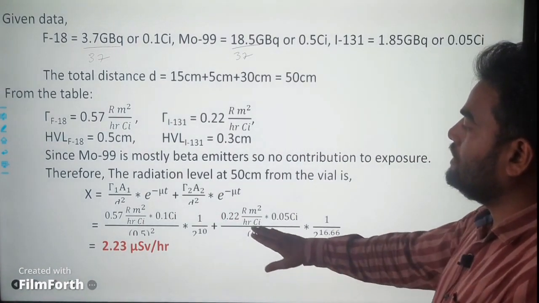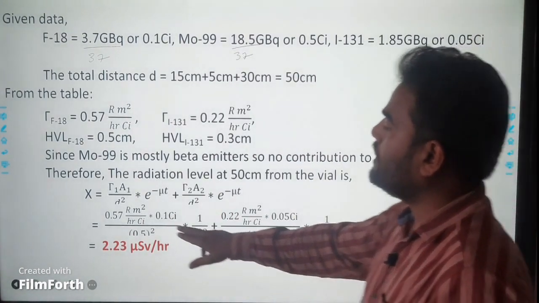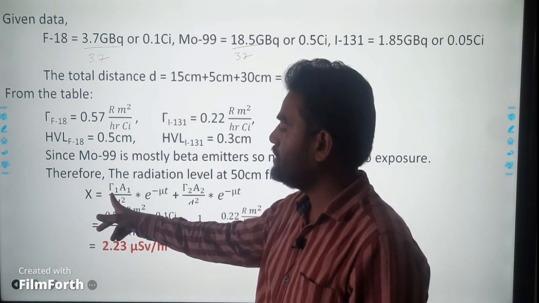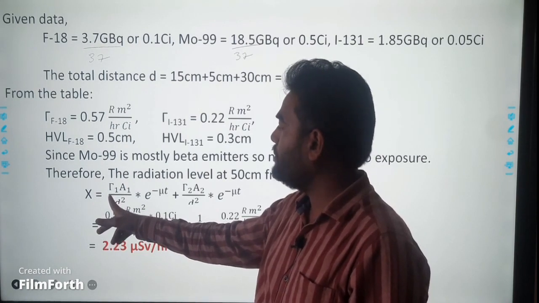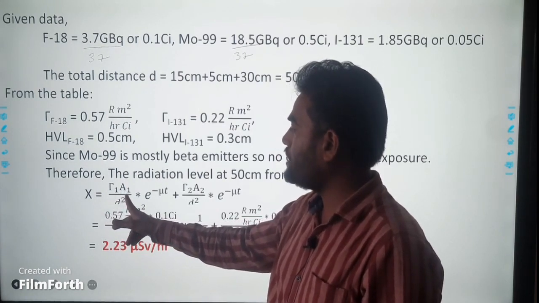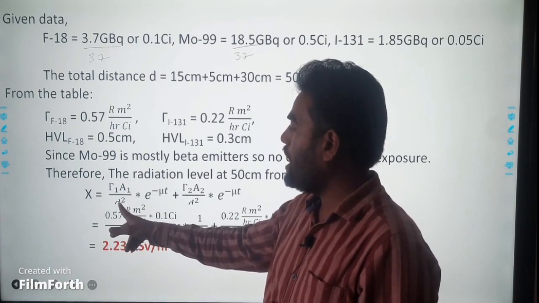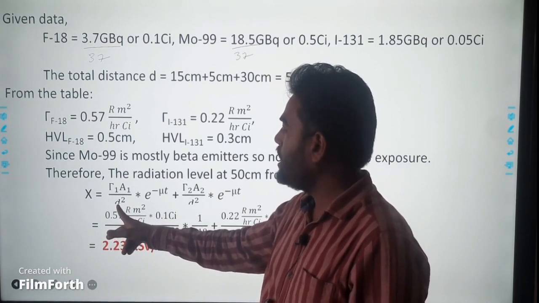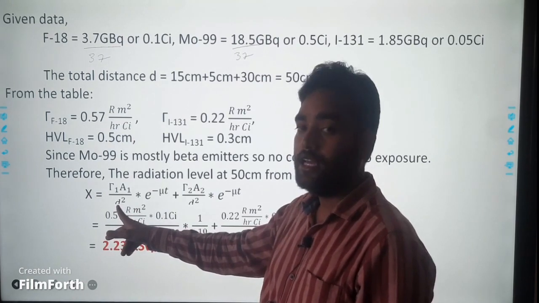After putting all the values in the formula, it has been simplified, where gamma 1 is the exposure rate constant of F18, A1 is the activity of F18 and D is the total distance at which the exposure rate is asked.